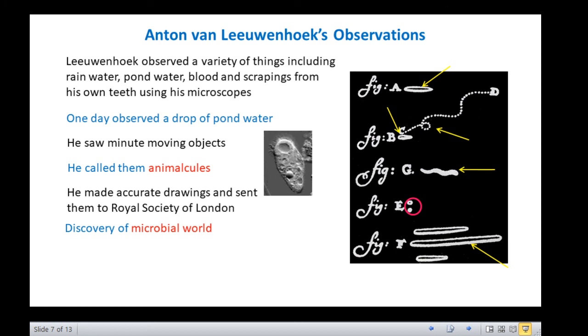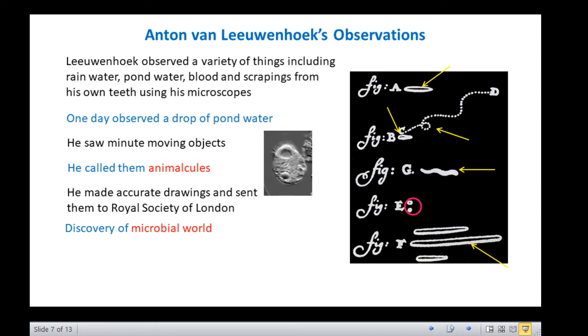Leeuwenhoek reported the existence of microorganisms in 1674, but microbiology as a field of science did not develop significantly for almost 2 centuries because of two main reasons. One, Leeuwenhoek never trained an apprentice, and two, he never sold or gave away any of his microscopes.